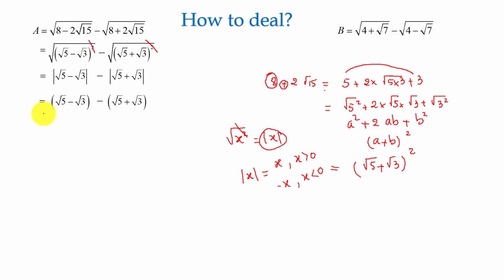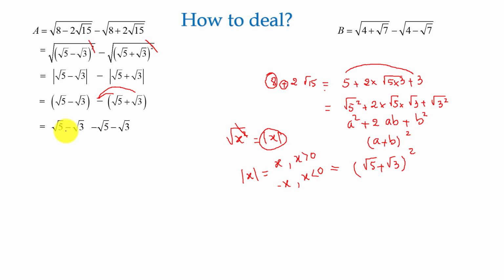So we multiply by the minus sign, and we get minus square root 5 minus square root 3. So I can write it equals square root 5 minus square root 3, minus square root 5, minus square root 3.